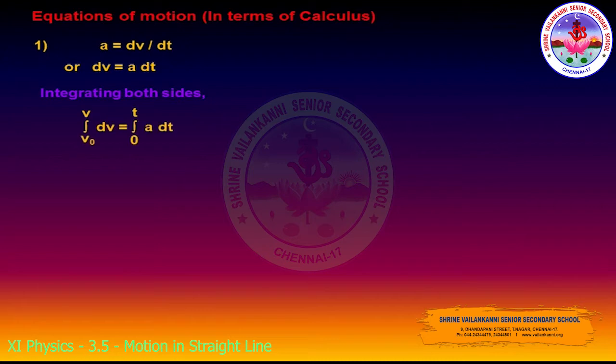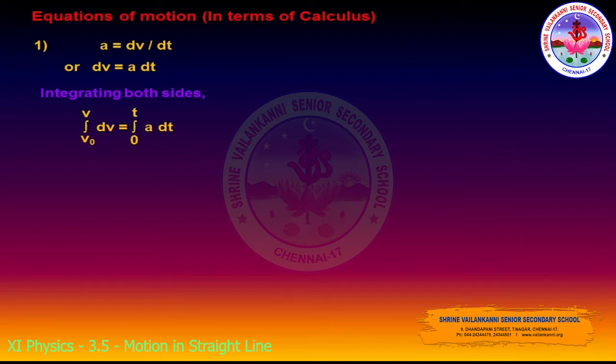By integrating both sides. So what is integration? See, in differentiation we could calculate the function at a few points, and for only one part we have taken. So integration is nothing but calculating the function at a few points and adding up the slices of width dx, and what we said here, dv, right?